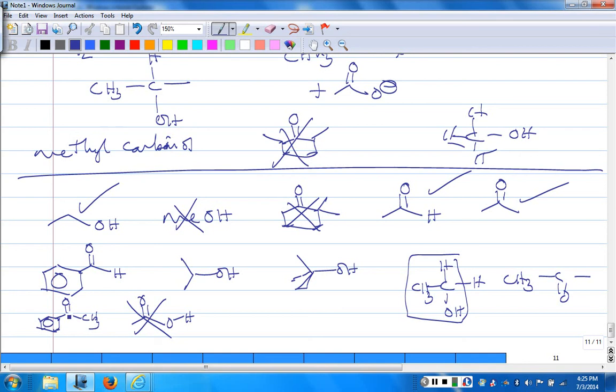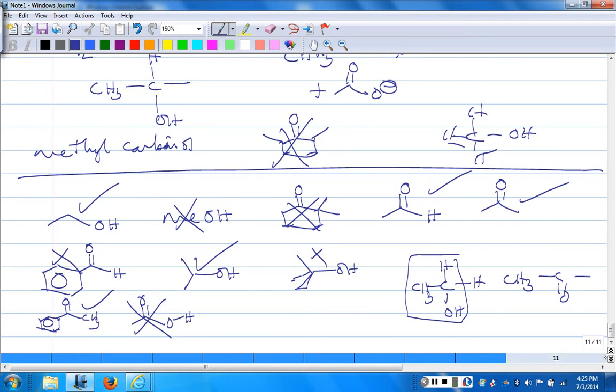This is CH3 C double bond O, and the alkyl group, that would work. So this won't. What about this one? CH3 C H OH and then something. Absolutely. This one, CH3C, no H's. So we are out. So I can tell which compounds can give a positive haloform reaction.